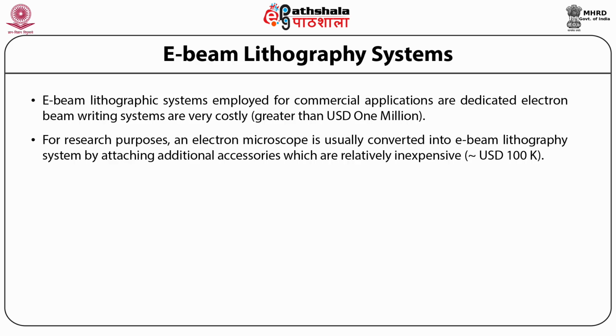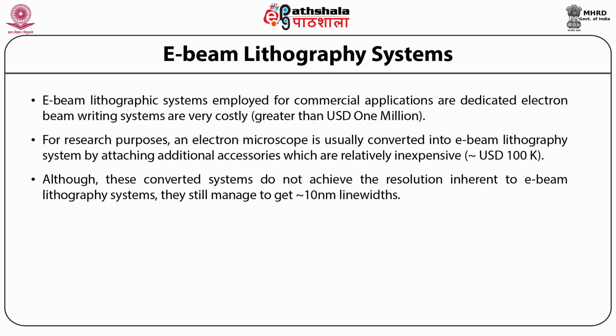For research purposes, an electron microscope is usually converted into an electron beam lithography system by attaching additional accessories which are relatively inexpensive, of the order of $100K. Although these converted systems do not achieve the resolution which is inherent to electron beam lithography systems, they still manage to get approximately 10 nanometer line widths.